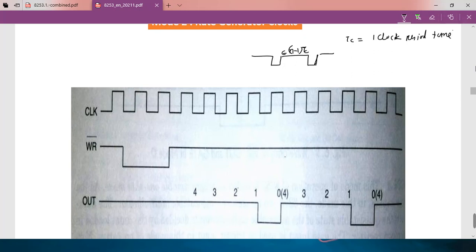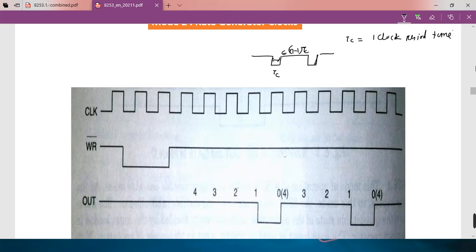If I want to generate a repetitive low pulse of one clock duration, then this can be generated by the rate generator mode.